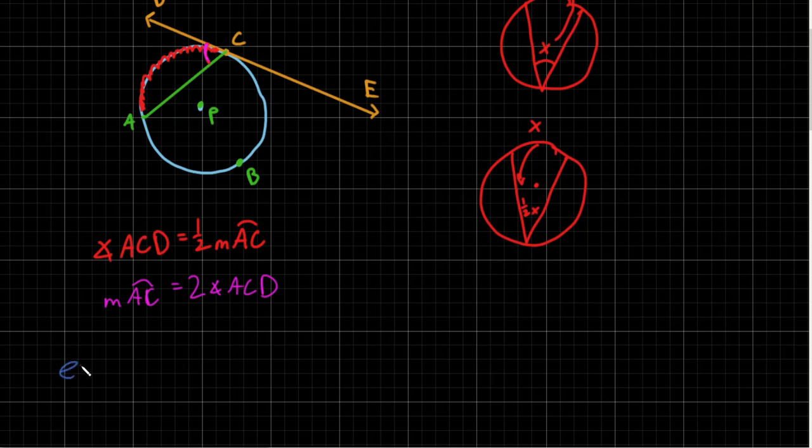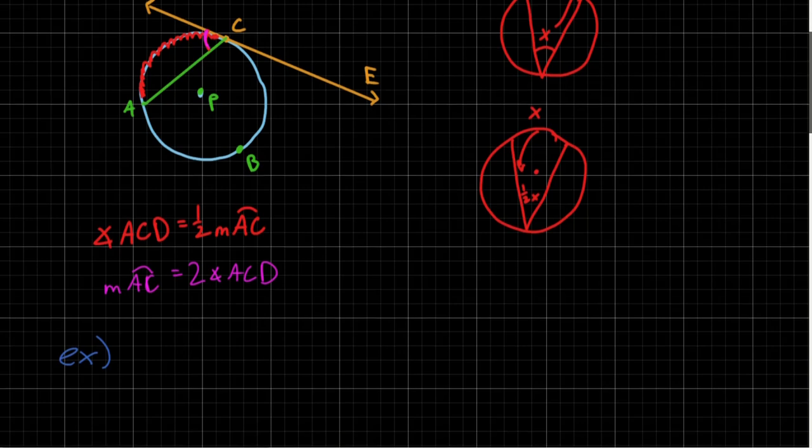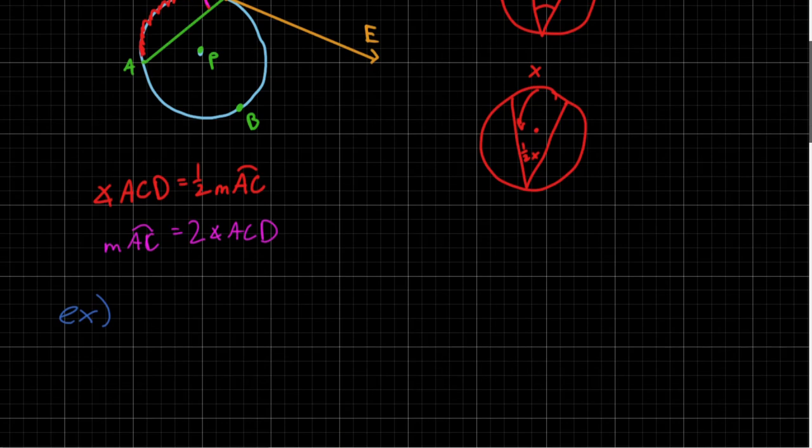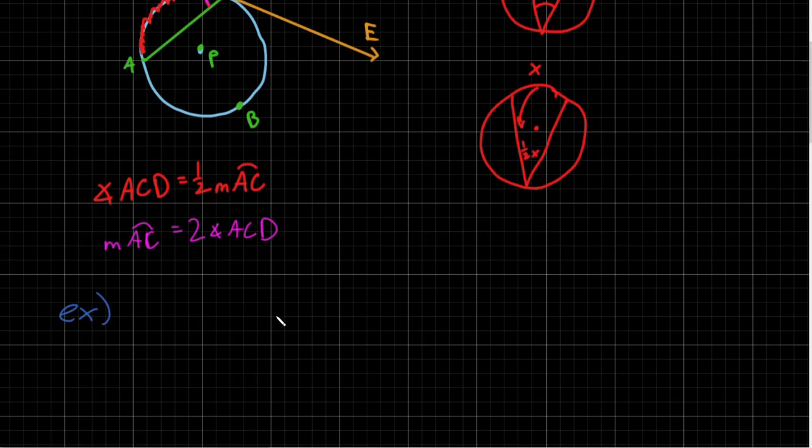Okay. Let's do an example of this one. Want easy, hard one, or middle? Middle. Okay. I have a circle. I have a center. Let's draw the same image as we had above. We have a chord.